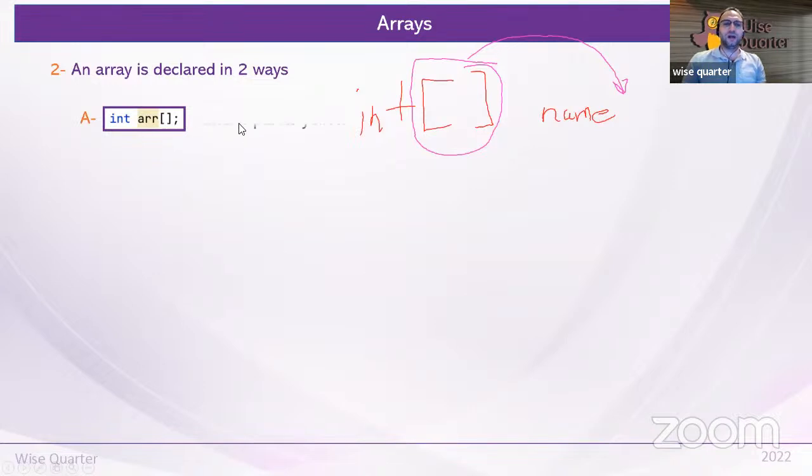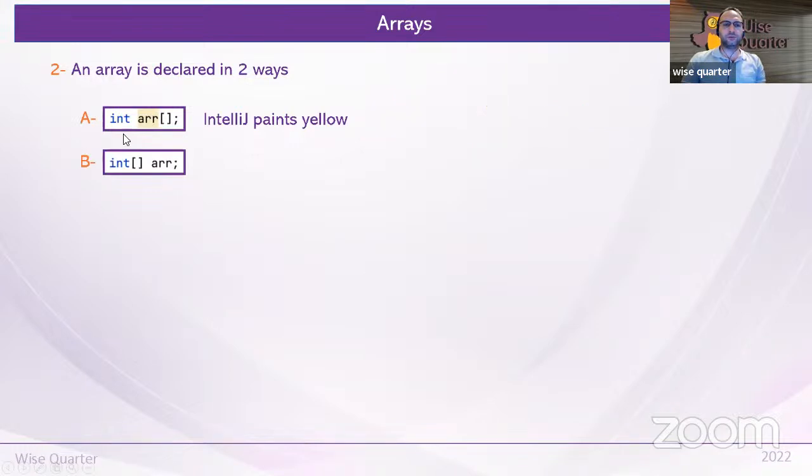Both ways is okay. But when you create it like this, IntelliJ will say something with yellow symbol. It will be printed with the yellow color. Something is wrong, it will say, but it will work, don't worry. But usually we prefer writing it like this. Both of them, the first one is not wrong, but the second one is more correct.